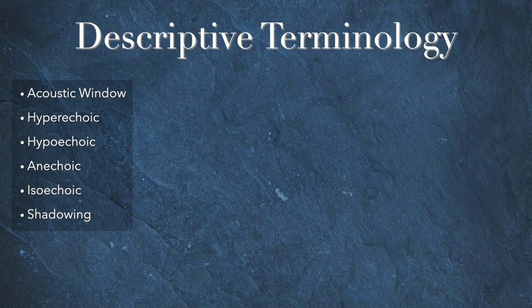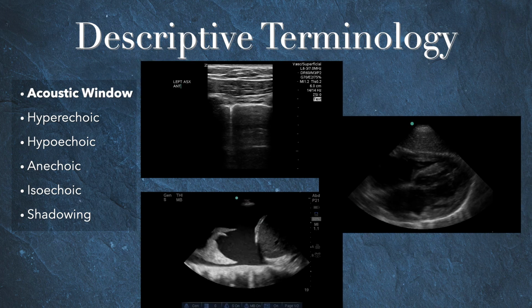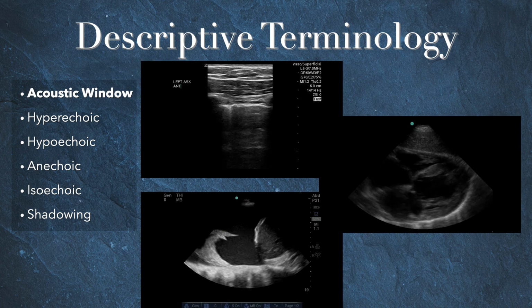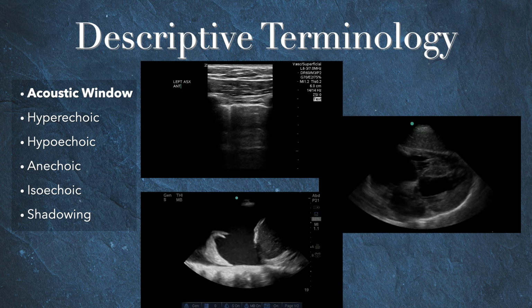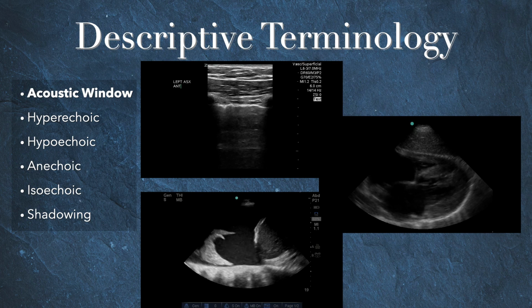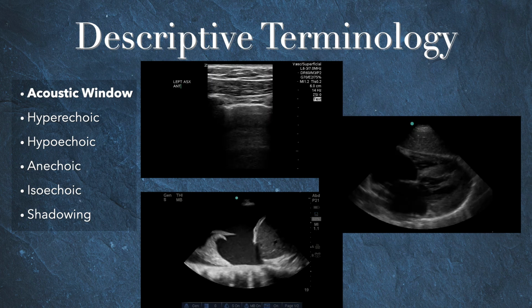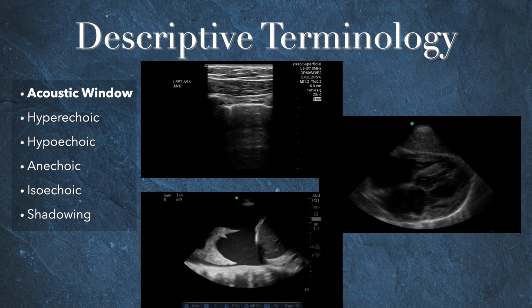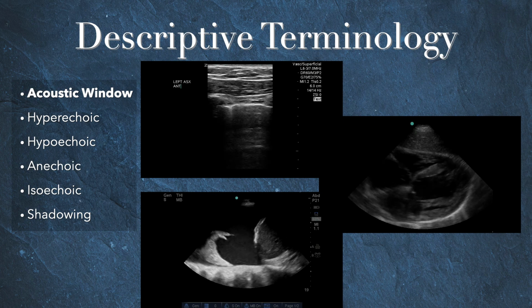The last couple of slides we're going to go through are going to talk about specific sonographic terminology, which will be important for you guys to integrate into your language. Now, an acoustic window can simply be described as an area for which you can see the appropriate images that you're trying to visualize. The upper left-hand image is a lung ultrasound, and the acoustic window is simply between 2 ribs.